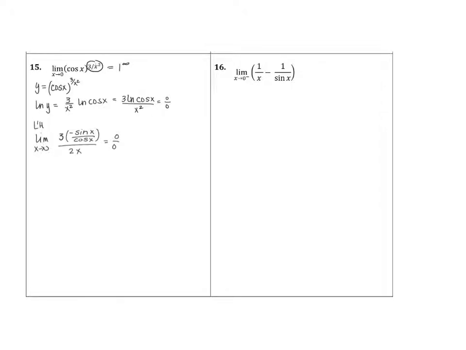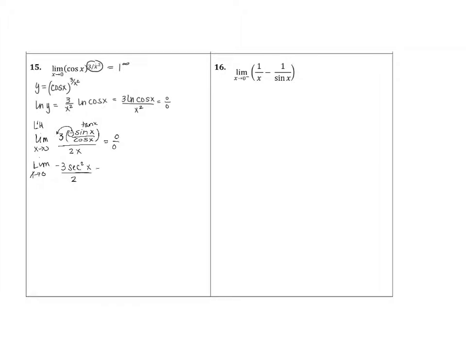So once again, we will do L'Hopital's rule. So we're going to have the limit as x approaches 0. And for that, I'm going to cheat. I'm going to move that negative out. And sine over cosine is tangent. And the derivative of tangent is secant squared. And so I'm going to have secant squared x over 2.